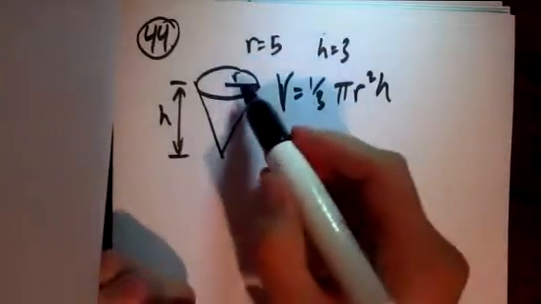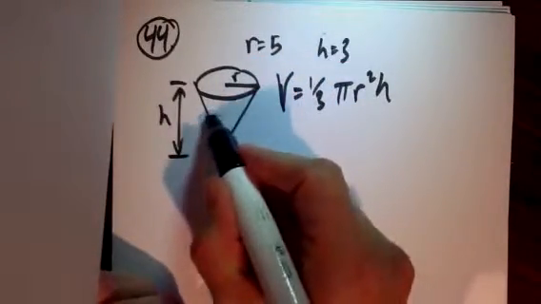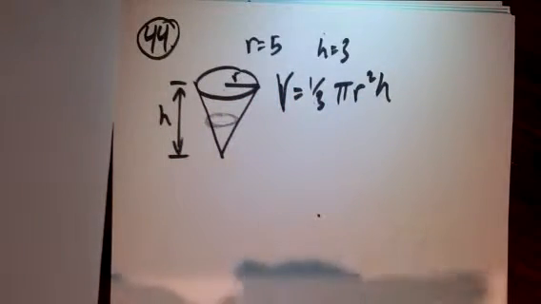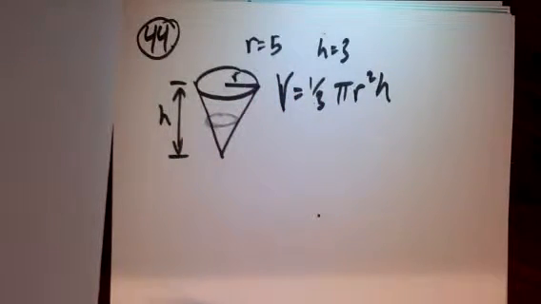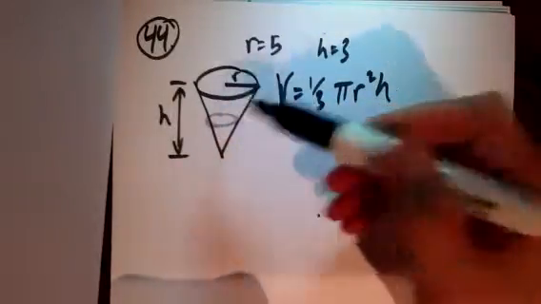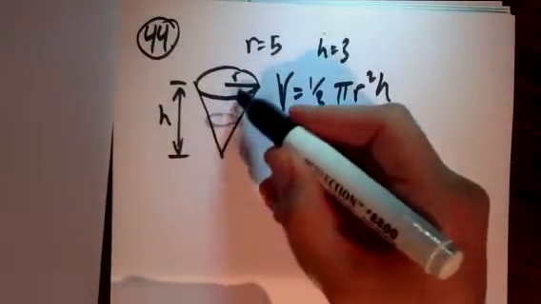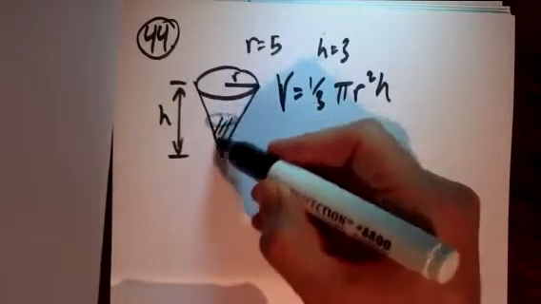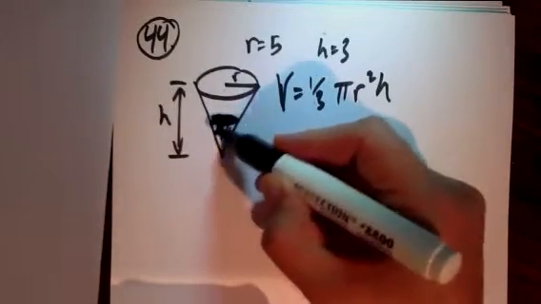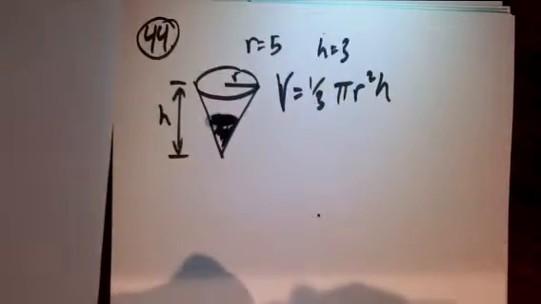So a cross-section parallel to the base is simply another circle. We've got to figure out what is the volume of the section of the cone between the two bases. So what I want you to think about is not that section in between so much, but what about that cone, the bottom part?